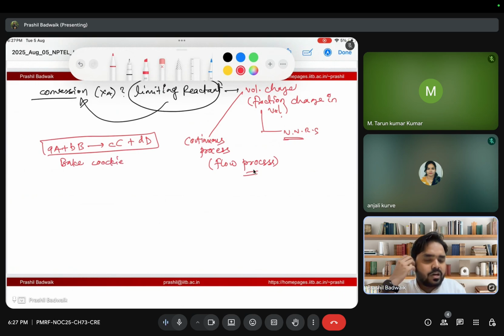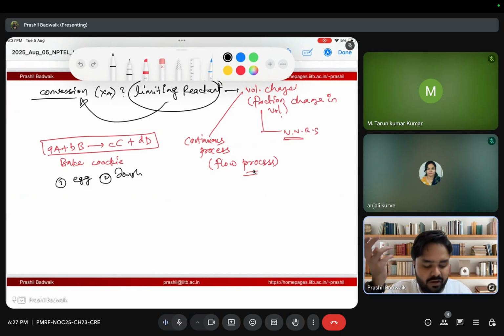Okay, so what are the things that are required? One is egg, second is you need some dough, right? Or you may need some third component, for example, I want to add banana here, right?